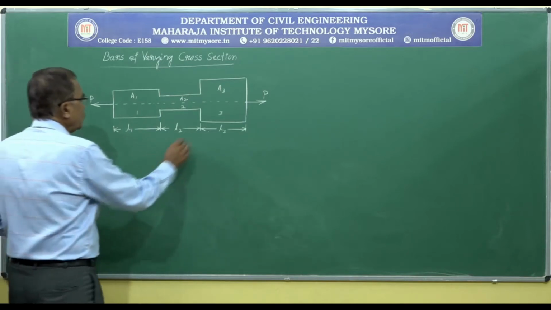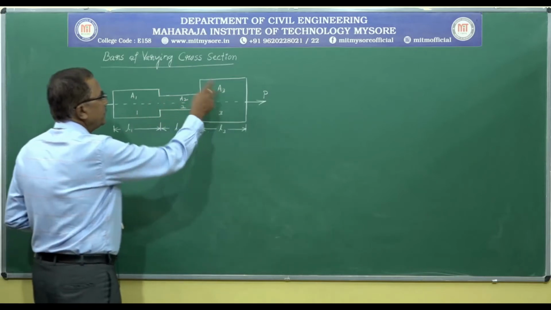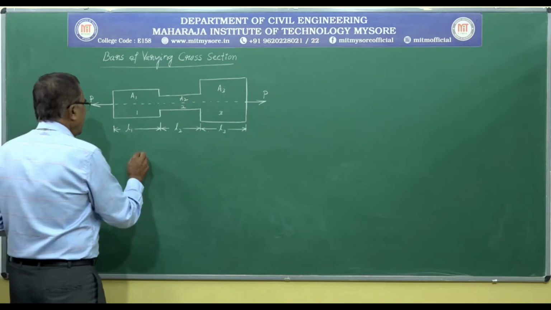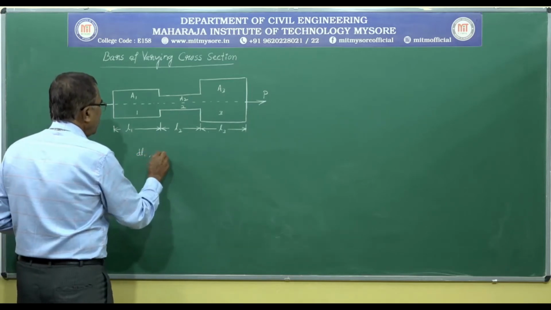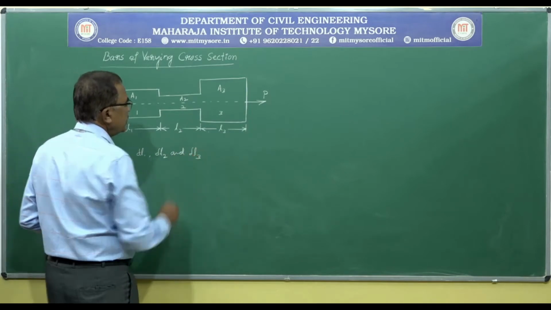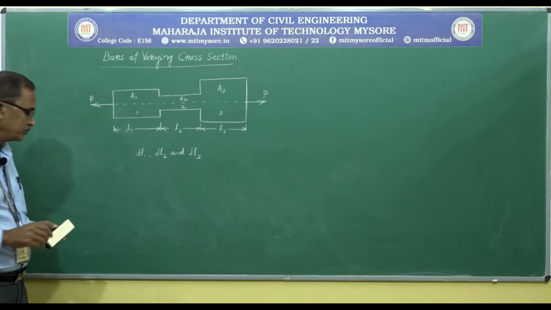Let L1, L2, L3 be the lengths of the different portions, A1, A2 and A3 be the cross sectional areas of the different portions, and delta L1, delta L2 and delta L3 be the changes in length of the different portions due to the applied axial load.